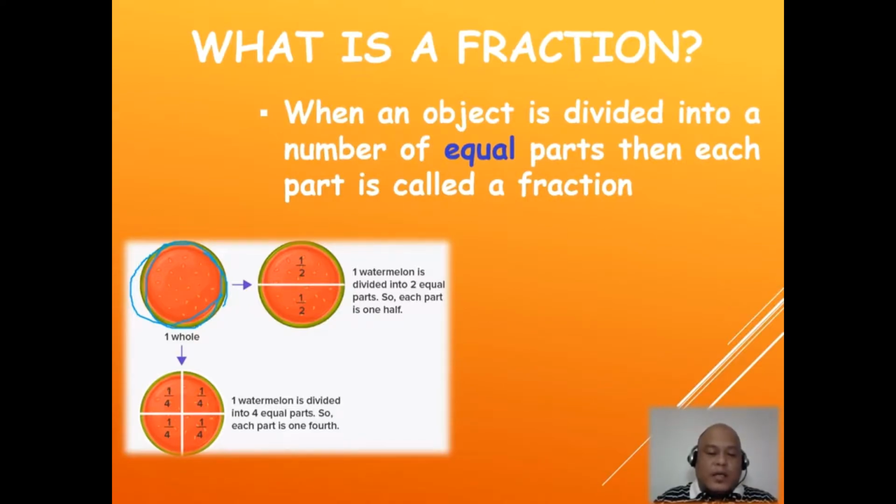So each part is called 1/2. Next is divided into 4 equal parts. So each part is 1/4. This part of the watermelon is 1/4.